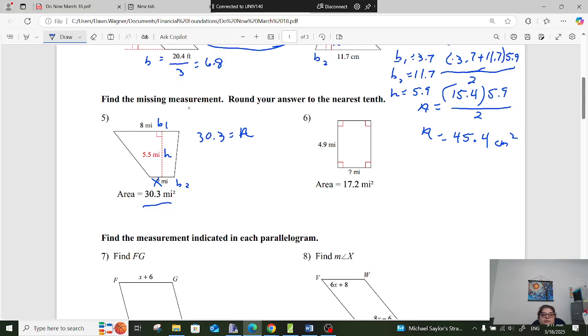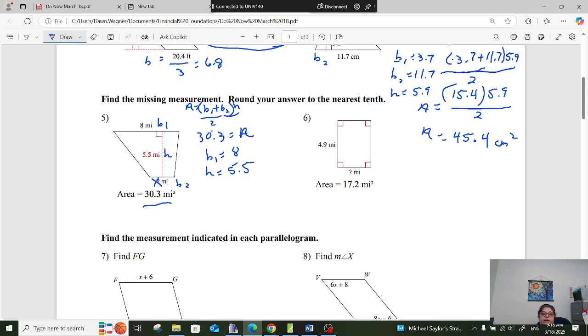So it's a trapezoid, so area is equal to base 1 plus base 2 times height divided by 2. I'm going to substitute what I know, and then I'm going to have to do some algebra, right? And all of this is in miles, no conversions needed.